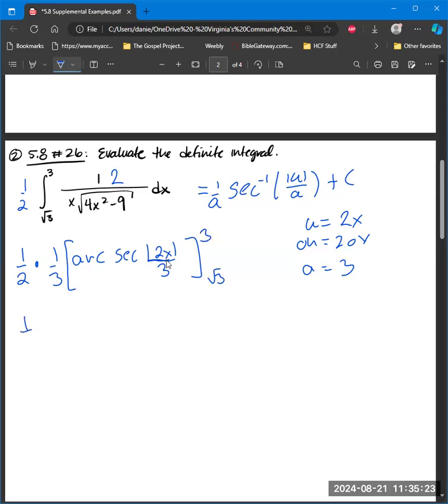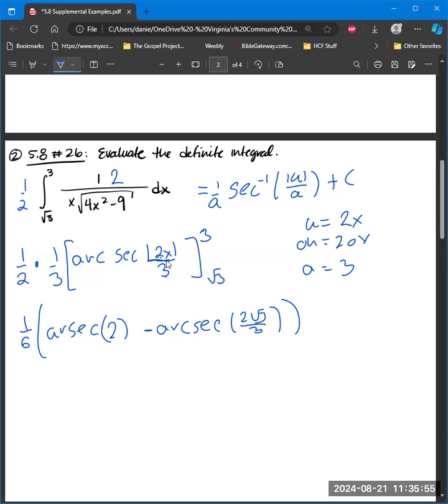So this is 1/6 times arcsecant of 2 times 3, which is 6 over 3, which is 2, minus arcsecant of 2 times the square root of 3 over 3.